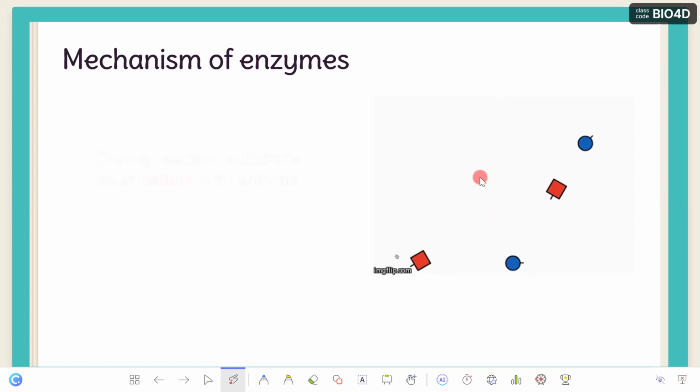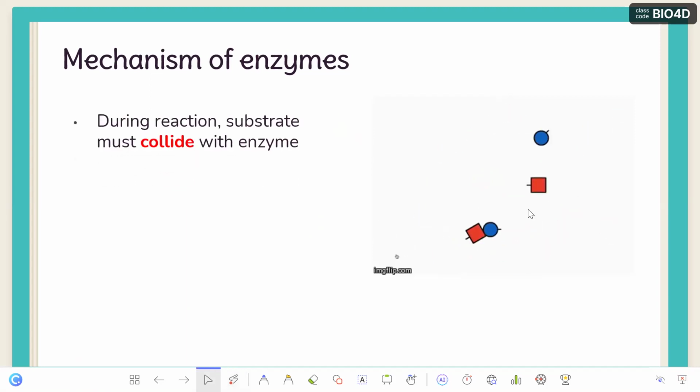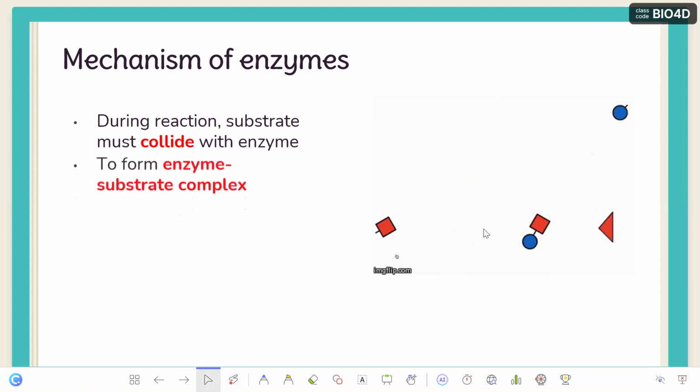The substrate will collide. You see the blue color and the orange color one, it will move randomly, and then when they meet at the correct arrangement, they will collide. And that again we call the enzyme substrate complex.